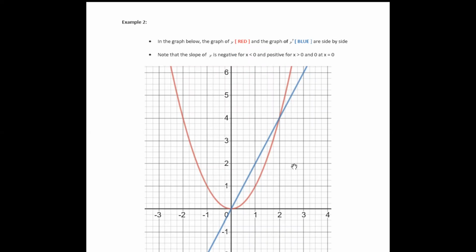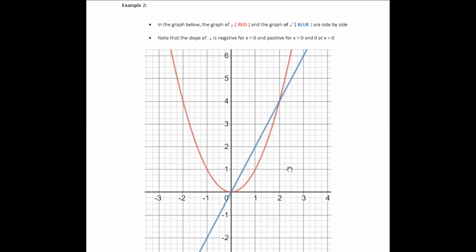Now here we see only one coordinate system, and what we have are two graphs: a red graph and a blue graph. The red graph is the original function, and the blue graph is the graph of the derivative. But let's see if we could have figured that out from the red graph.